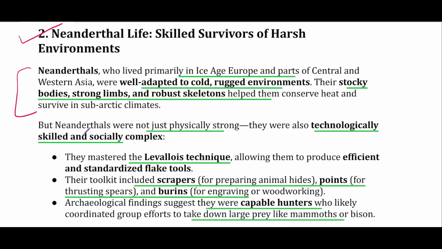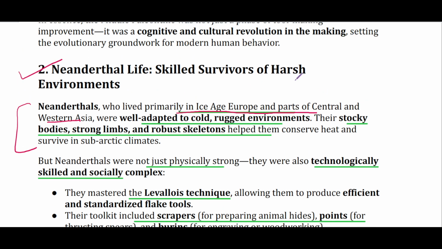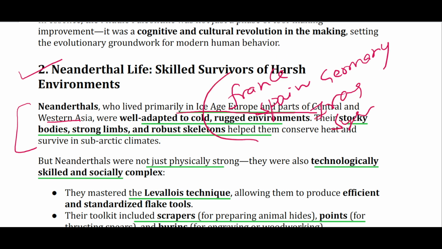So the Neanderthals lived primarily in Ice Age Europe and parts of Central and Western Asia. Most of the Neanderthal fossils are concentrated in France, Spain, Germany, Iraq, Syria, and Uzbekistan.